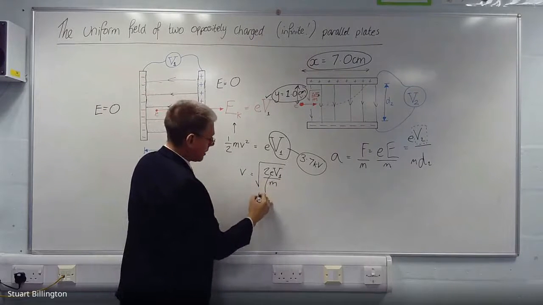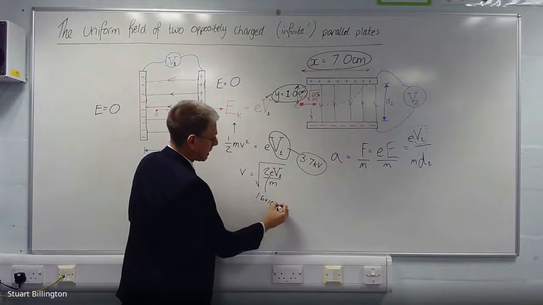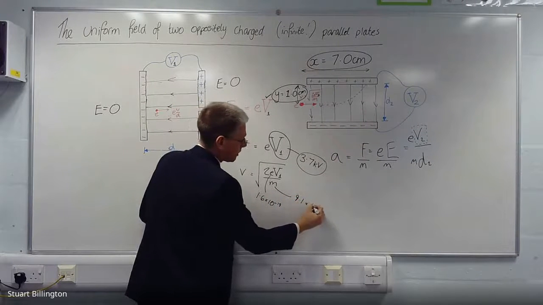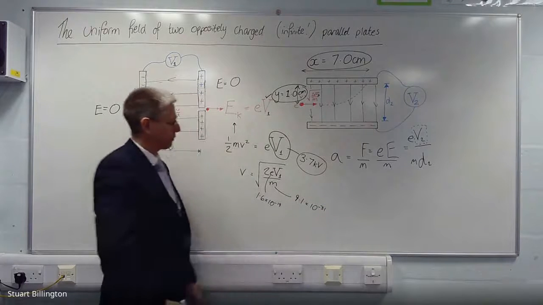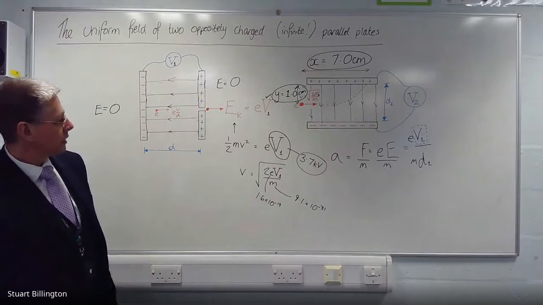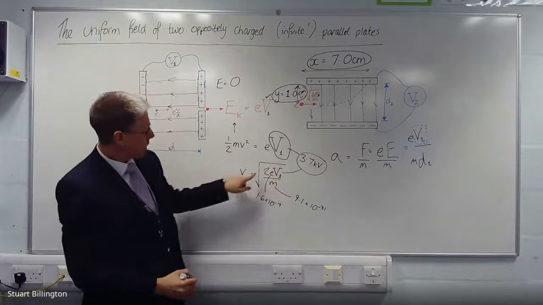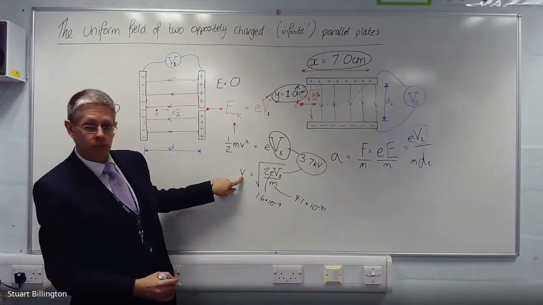Charge on the electron is 1.6 times 10 to the minus 19. Mass of the electron is 9.1 times 10 to the minus 31.